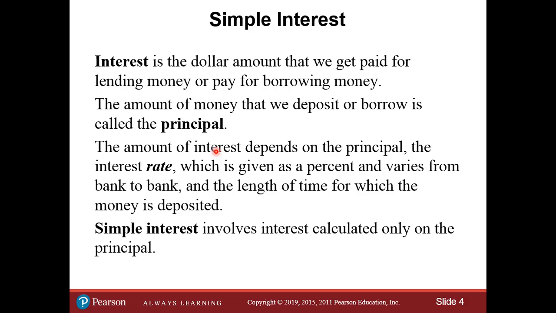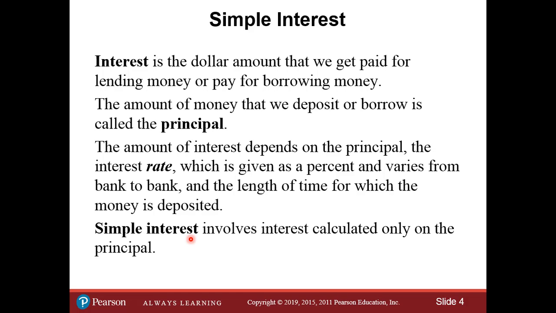The amount of interest depends on the principal, and it also depends on the interest rate, which is given as a percent, and it varies from bank to bank. And the length of time for which the money is deposited or borrowed is going to be important too. Now, simple interest involves interest calculated only on the principal.